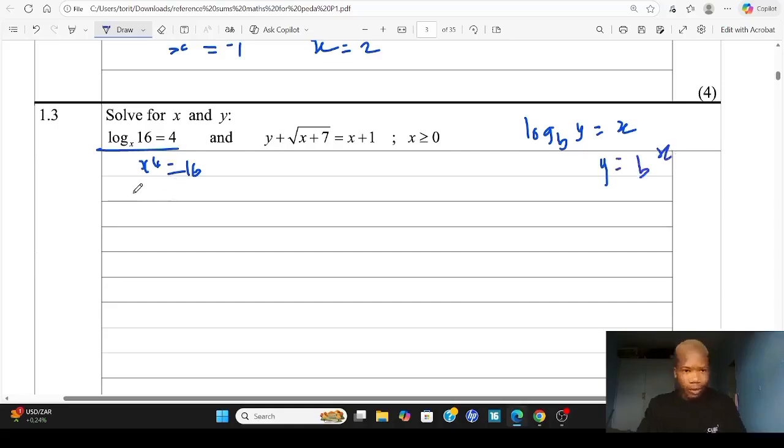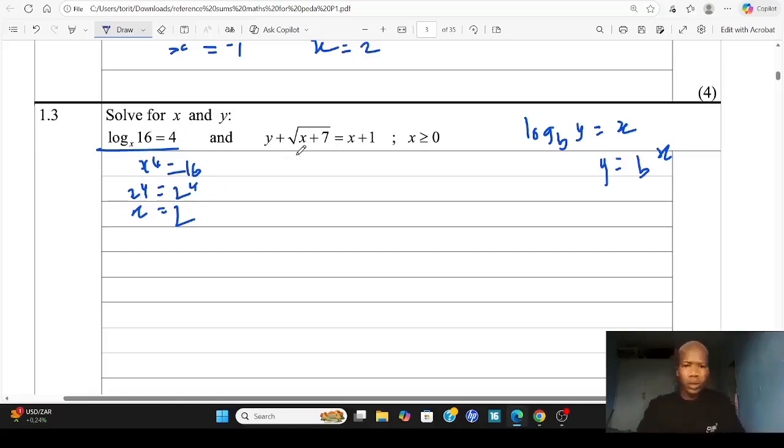Then we know that x to the power 4 is the same as 2 to the power 4, right? So x is equal to 2, right? So that is our solution for x.